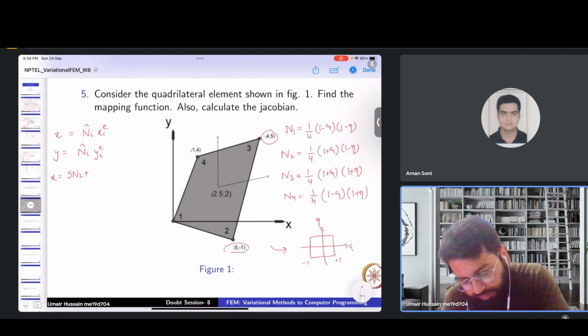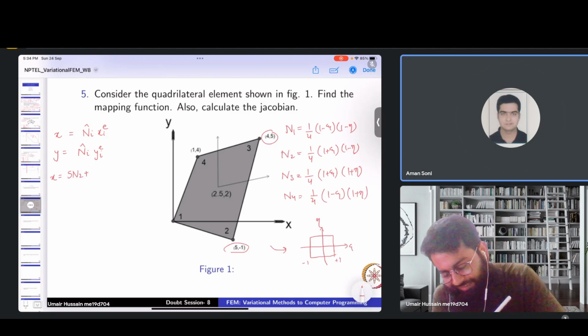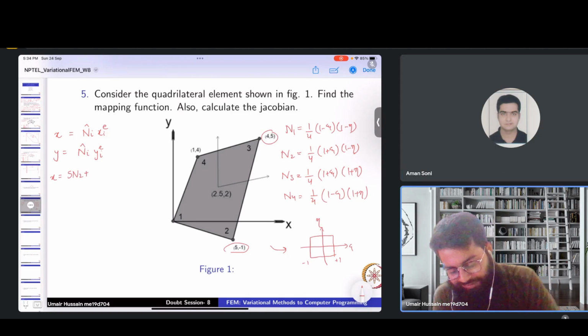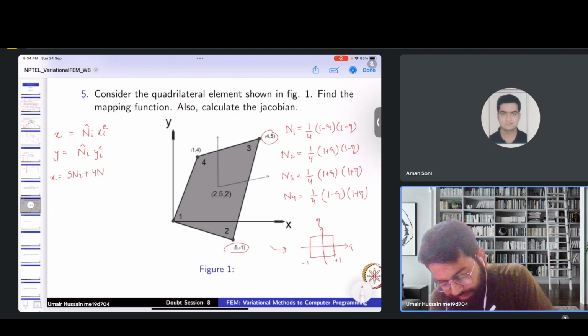It's 4. Okay, anyway, I took this figure from last year's FEM course. 4 N3 plus, this is 1 N4.